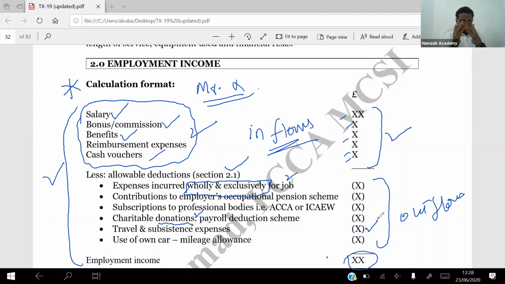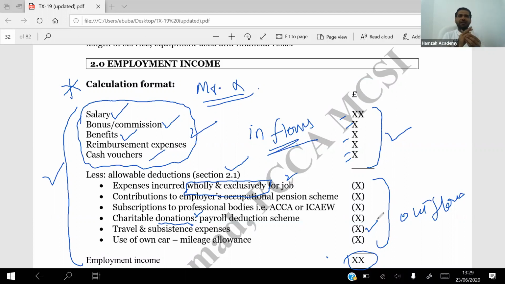Okay. The last part is use of own car. This is actually the main reason behind that. I personally checked that thing because to include this one as an allowable deduction, lots of claims were coming from the employees that they were using their personal assets, especially the car, for the purpose of duty. And sometimes the company is not paying, and the not paying part is coming from the idea that the company was unable to track how much exactly is our portion out of his total expenses of his personal car.